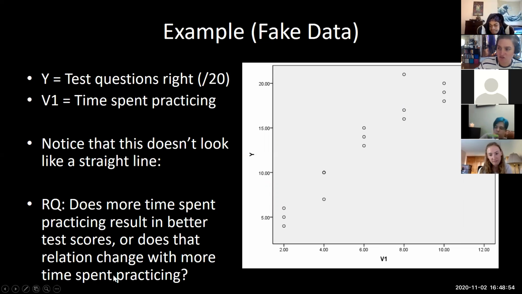And so the research question that I want to ask here is, does spending more time practicing result in better test scores? And does that relation change with more time spent practicing? Or is there a nonlinear or quadratic relationship between amount of time spent practicing and the number of questions or number of digits they get right?